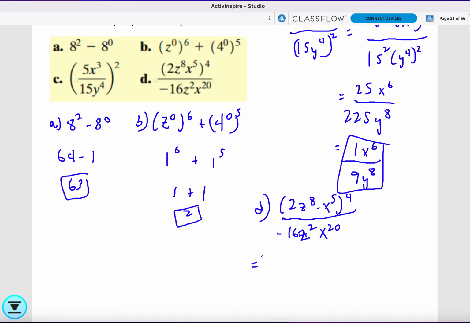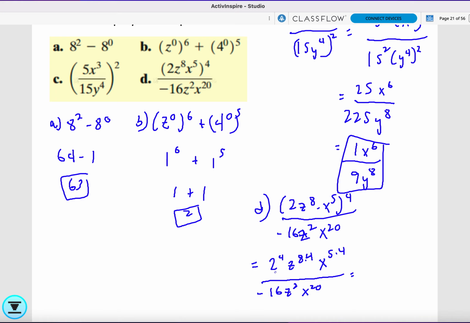So then we get 2 to the 4th, z to the 8 times 4, and then x to the 5 times 4 over negative 16z squared over x 20.